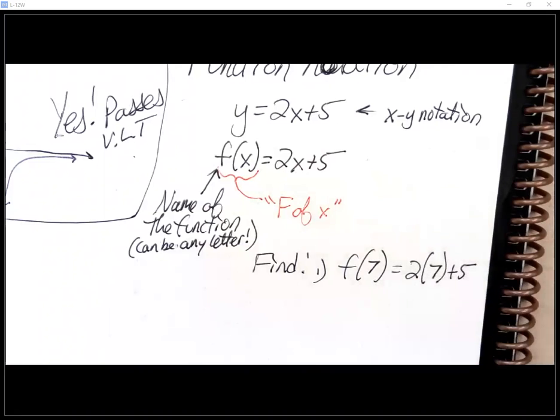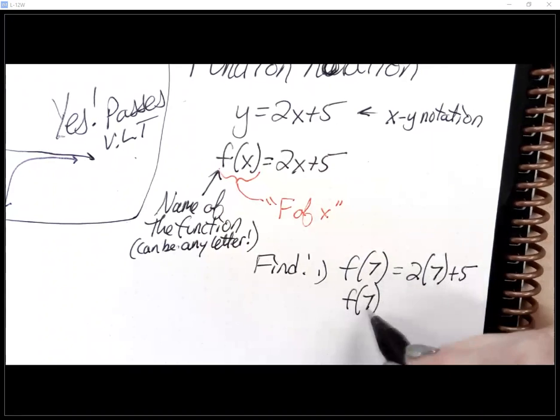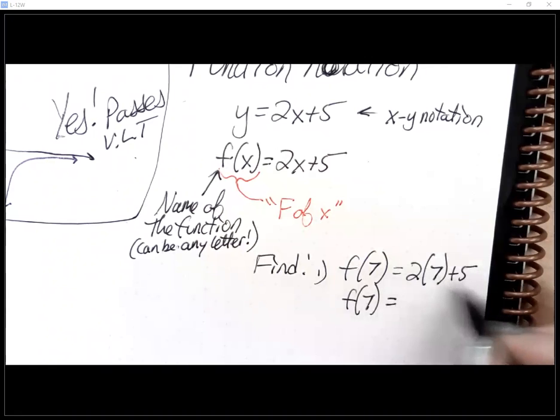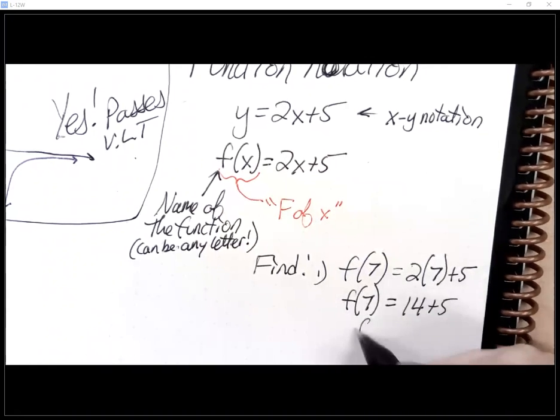I don't really do anything on the left-hand side. I'm not solving for F. F is not a variable here. So it's just saying, hey, the value of my function that I called F at 7 is, I'm only going to do the work on the right-hand side. So that's 14 plus 5. So I get F of 7 happens to have a value of 19.